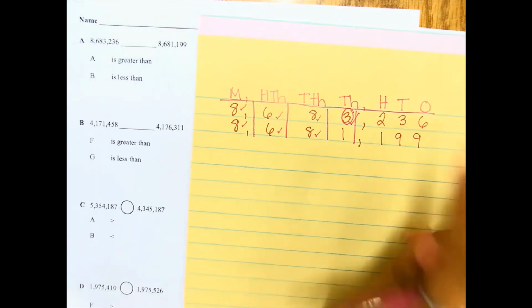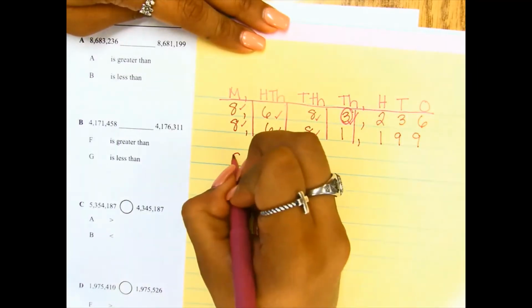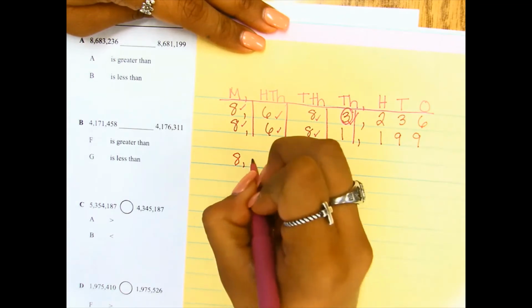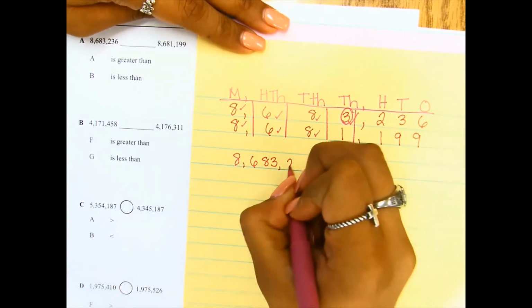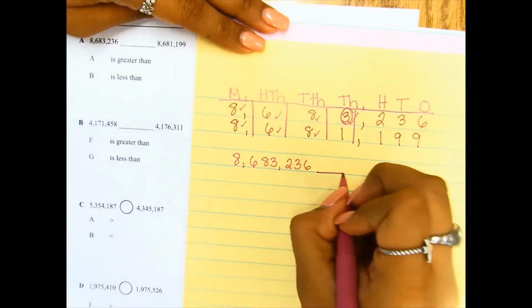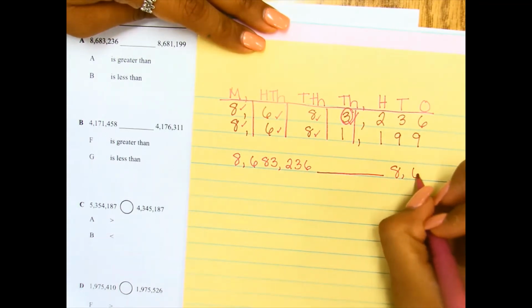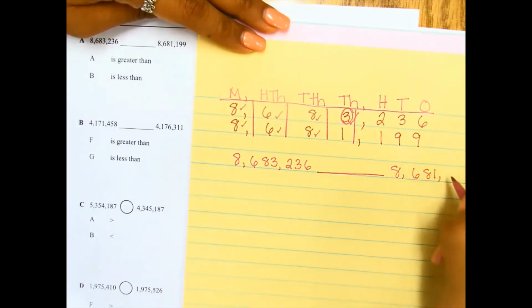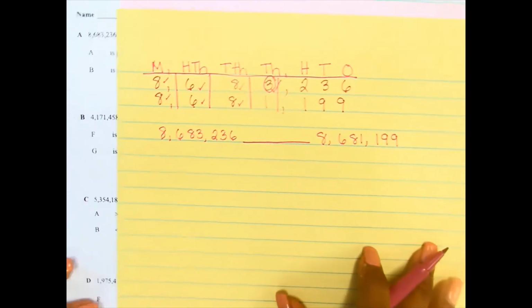So now I'm going to go ahead and rewrite it. And I'm going to put 8,683,236. And I'm going to put a blank, 8,681,199. Those are my two numbers that I'm comparing.